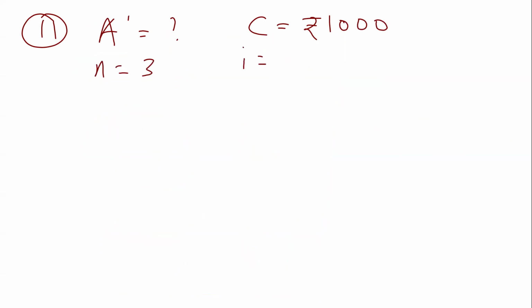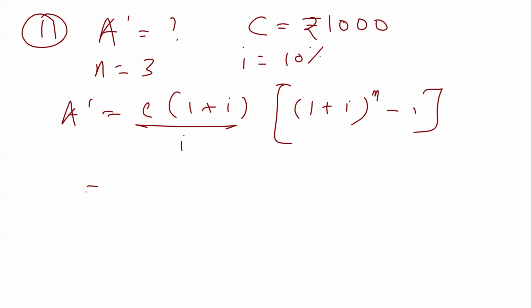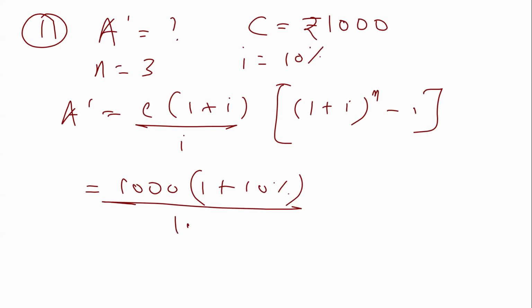I = 10%. So A dash = C(1 + I)/I × ((1 + I)^n - 1). So 1000 × (1 + 10%)/10% × ((1 + 10%)^3 - 1).